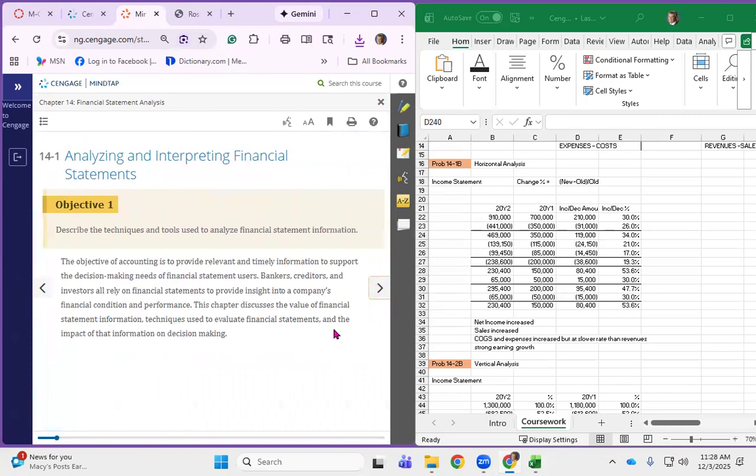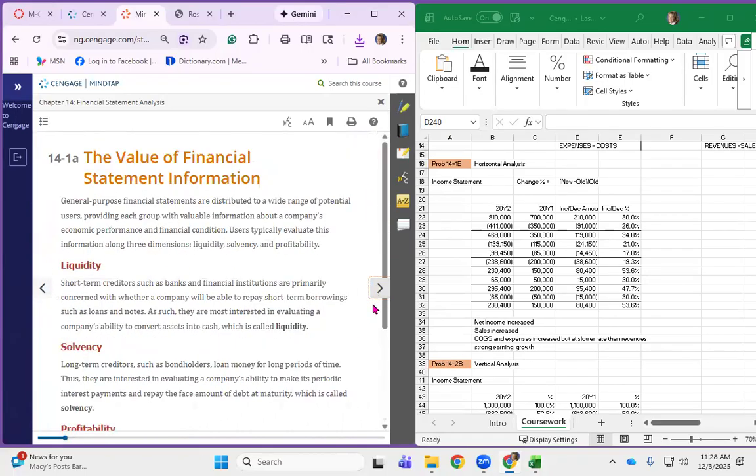So we have these financial statements. What do we do with them? We need to learn to analyze them and maybe make some interpretations. You need to learn the word liquidity. Here is the definition.